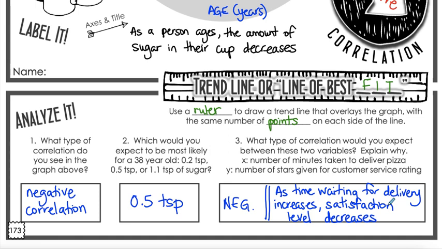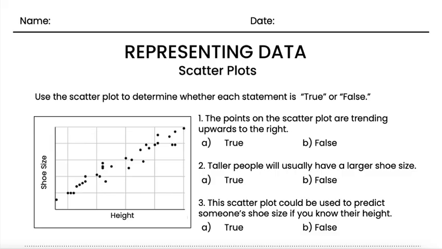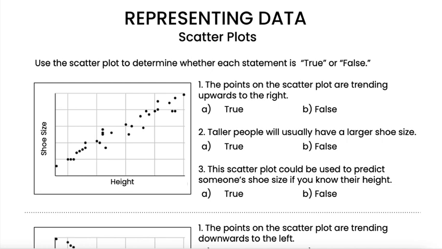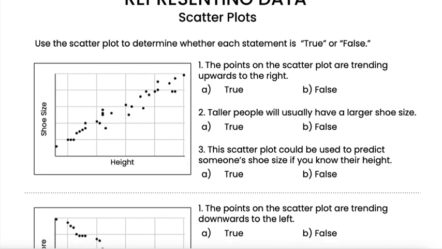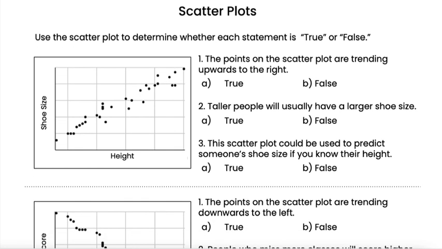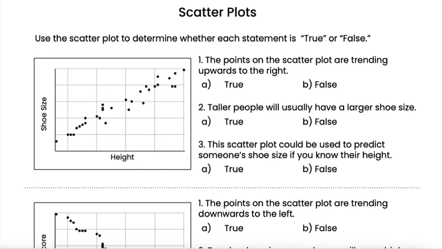Let's explore some more analysis for scatter plots. Let's take a look at this scatter plot that's given to us that represents shoe size versus height. Now, this is something that forensic analysis might do if they are trying to figure out who maybe committed a crime, right? So they take a look at maybe the imprint of someone's shoe and they use that to determine the person's height.